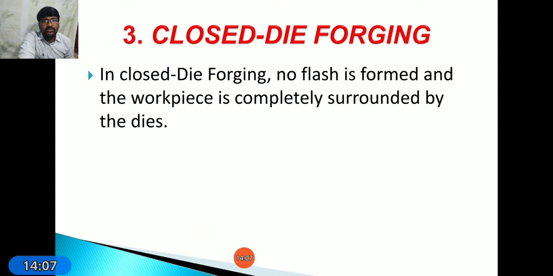In the closed die forging process, no flash is formed and the workpiece is completely surrounded by the dies. In open die forging, there is no shape in the die, and only the cross section and shape of the size change. But in closed die forging, no flash is formed and the workpiece is completely surrounded by the dies.